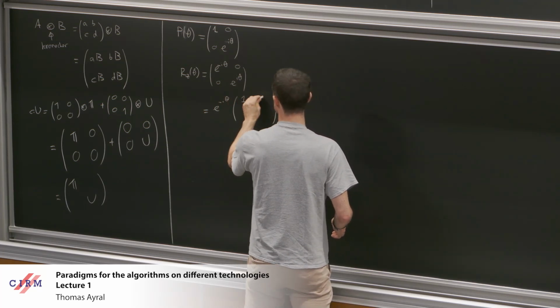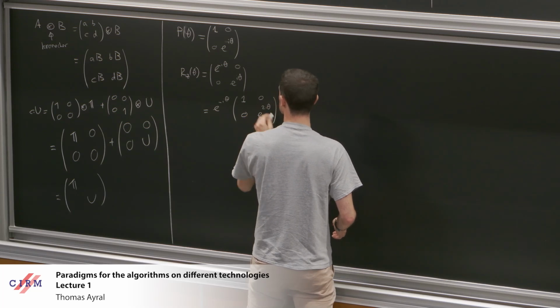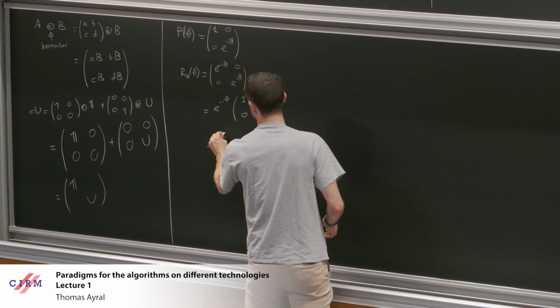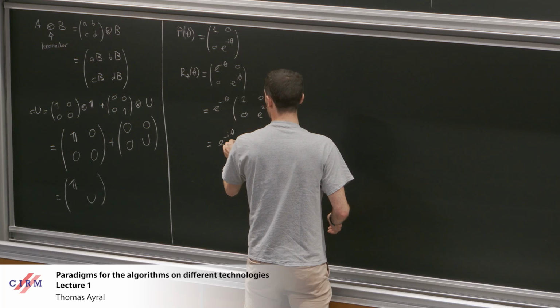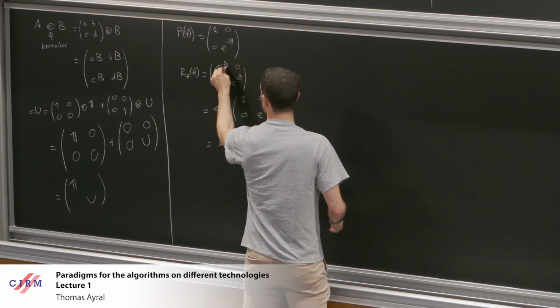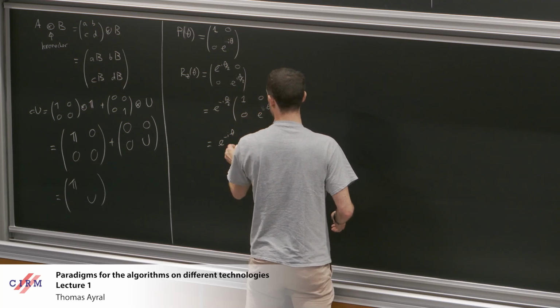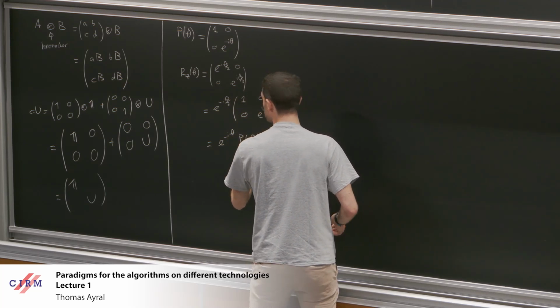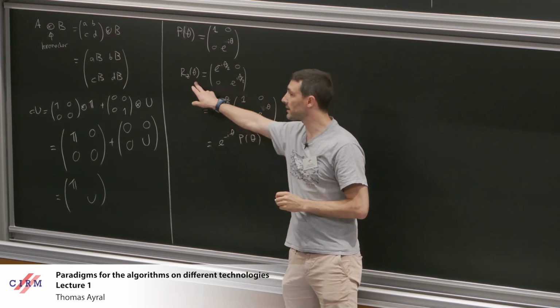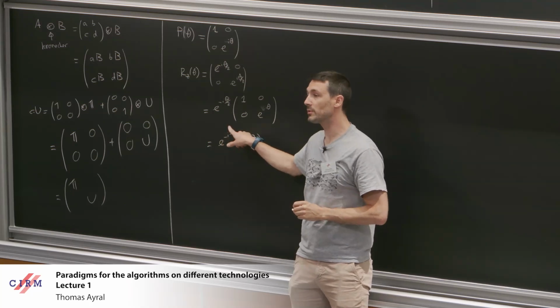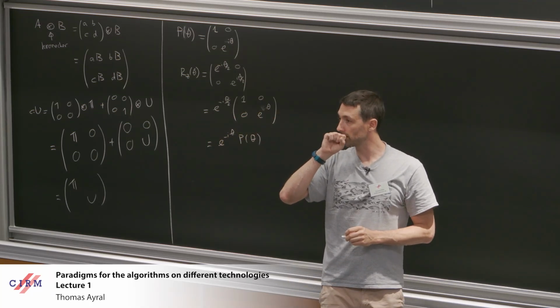And then you get 1, 0, 0, and here exponential of 2I theta. So you see that it's the same as, and so I miss factors of 2 that I had above here. And now you see that it works. So now you see that both gates, RZ theta and P theta, are related by a global phase, so I don't care about the global phase. Okay?